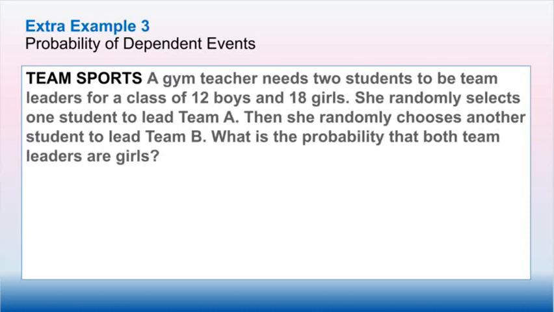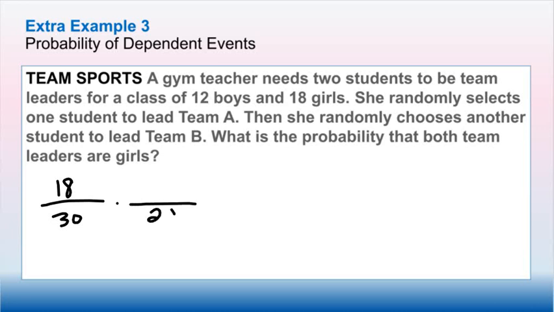Next, a gym teacher needs 2 students to be team leaders for a class of 12 boys and 18 girls. She randomly selects one student to lead team A, then she randomly chooses another student to lead team B. What is the probability that both team leaders are girls? So the first team, there are a total of 30 people. 18 of them are girls, so 18 out of 30 would be chosen for a girl.